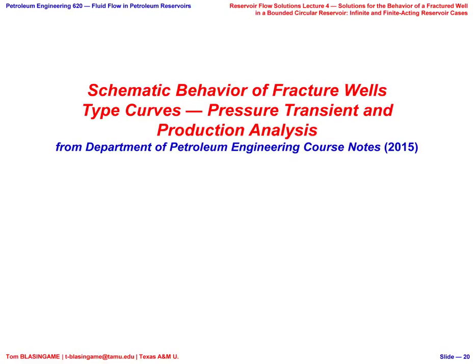This is not a petty 620 question. This is a much more difficult case, isn't it? Can you use a symmetry element? Sort of. Except that you have to know when the pressure distributions bump into each other.